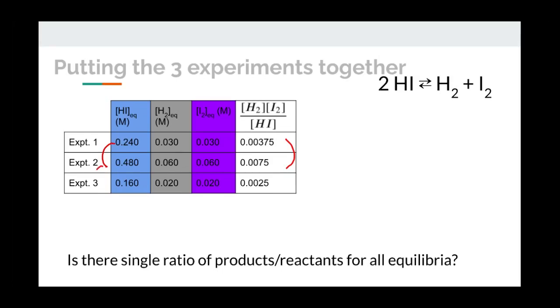And from experiment 2 to experiment 3, we cut the initial concentration of HI to a third, and we also found that that ratio cut to a third. But those ratios are all different. There doesn't seem to be a single predictor that could allow us to determine if we were at equilibrium or not. Let's see if we can work out a strategy.